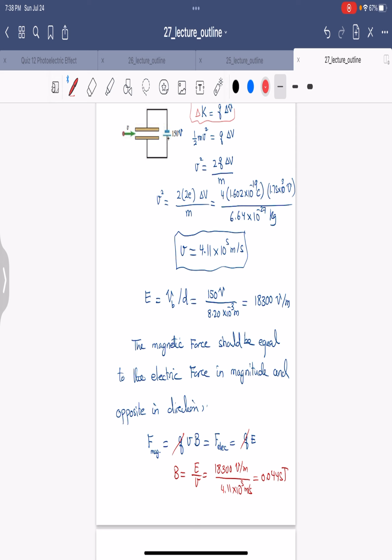First, of course, B is out of the page as shown, which is plus z. L, the length, for the first one, has the same direction as the current.